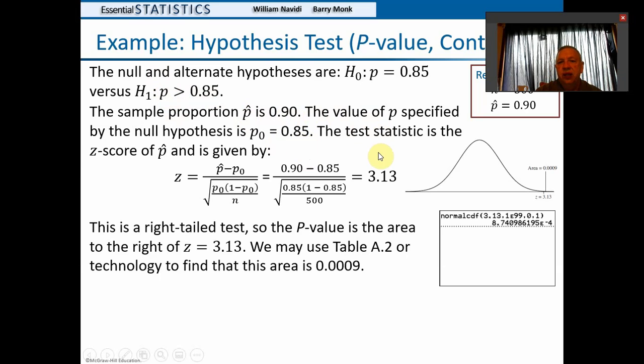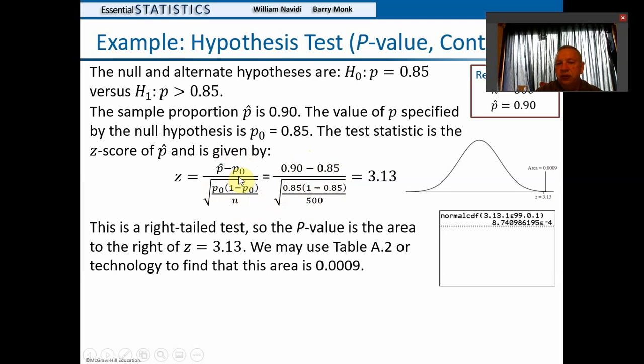So the test statistic, the z-score, is p hat minus p0, that's our test statistic formula. 0.90 was from our sample, 0.85 was our p0, divided by the square root of p0 times 1 minus p0 over n.